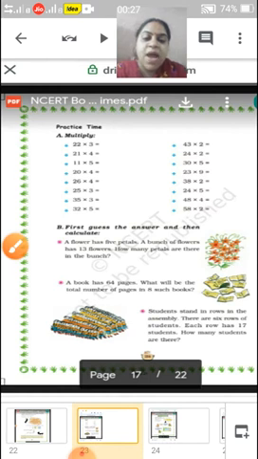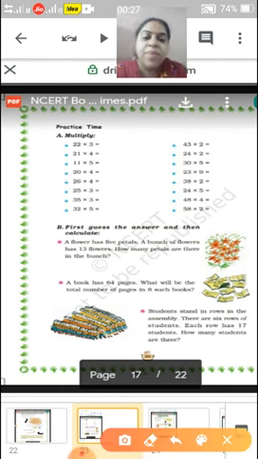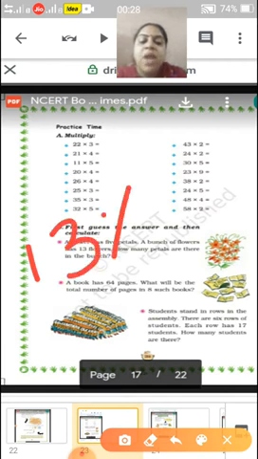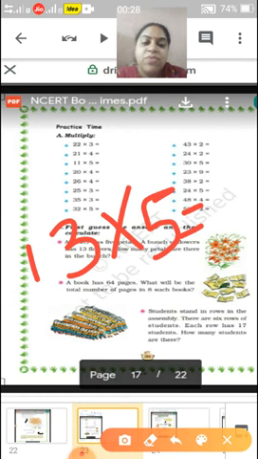A flower has 5 petals. A bunch of flowers has 13 flowers. How many petals are there in the bunch? So children, if we are talking about how many in total, it means 13 times 5 is equal to, yes, 65.